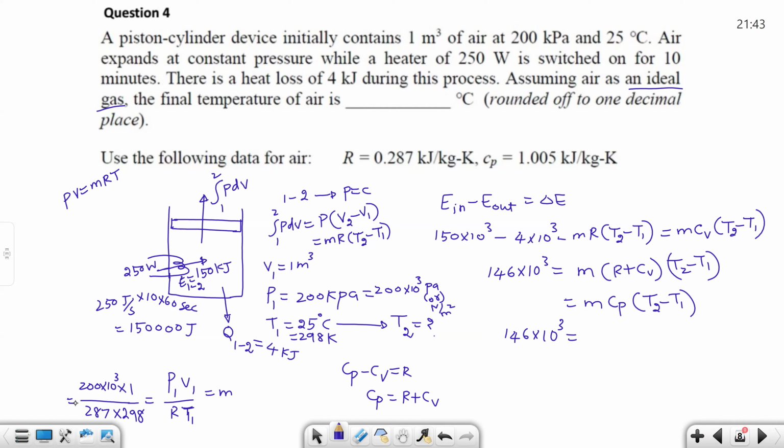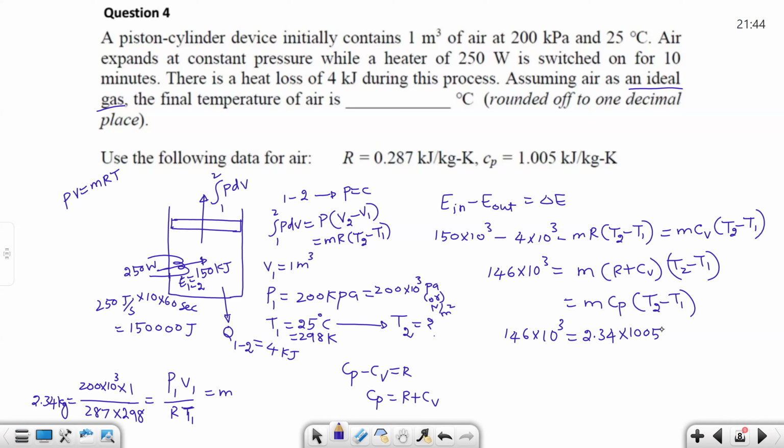So mass is 2.34 kg. Then 2.34 into Cp, which is 1005.